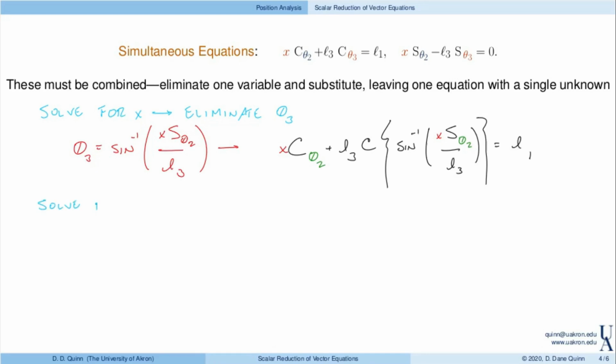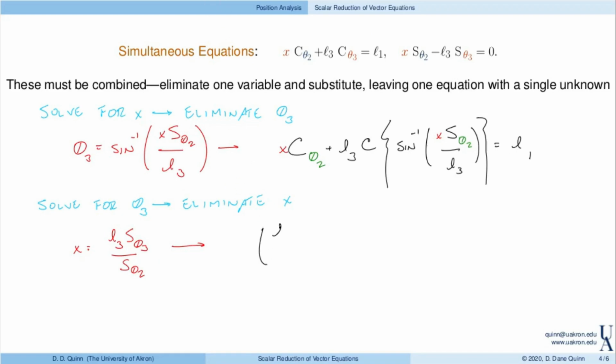Let's solve for theta 3, which means eliminate x. So I'll actually use this same second equation to begin with, and we'll say that x is equal to, well, just solve for x: L3 sine of theta 3 divided by sine of theta 2. So I can take that, introduce it into this first equation, and get the following.